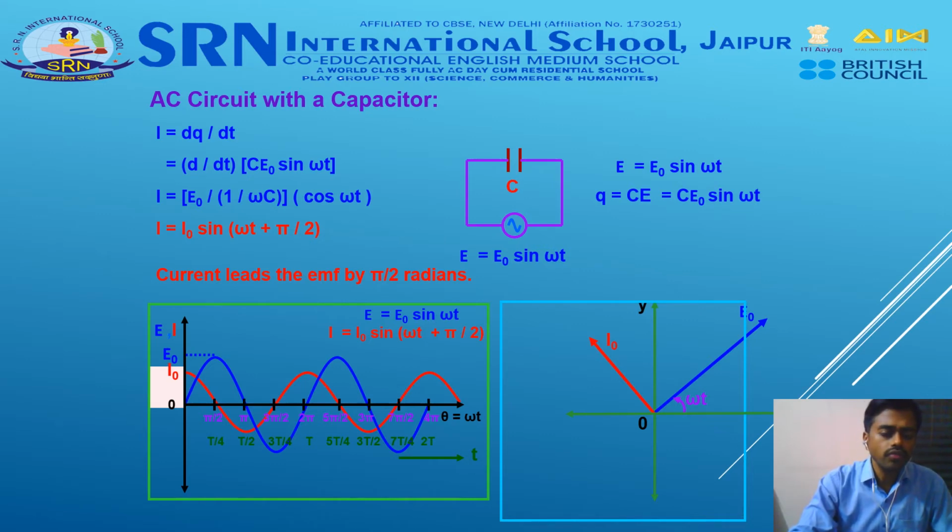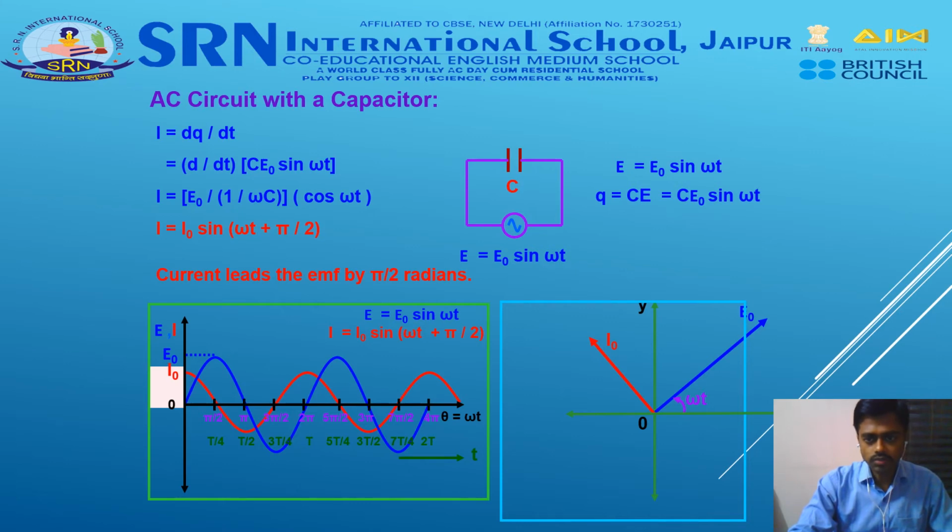The value of current we will obtain from the expression of the capacitor, that is I is equal to dq upon dt, and q will be taken from the capacitance and EMF, that is q is equal to C E, where E is equal to E naught sin omega t. So we will put the value of E here.